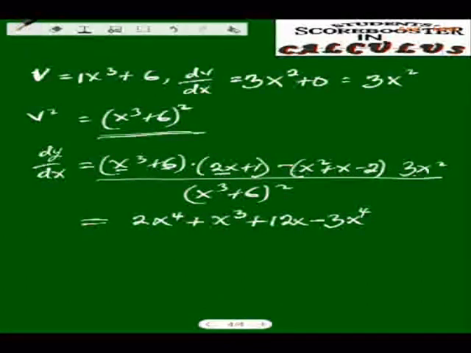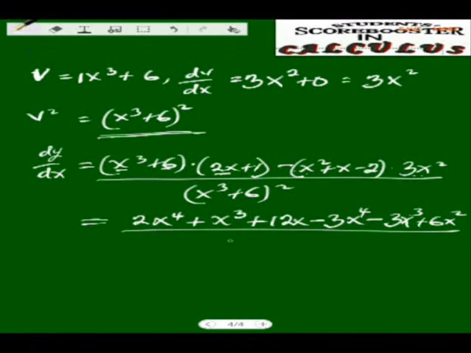Just take note of that. So 3x squared times x gives minus 3x cubed, and 3x squared times minus 2, with this minus again, we make it 6x squared, everything over x cubed plus 6 squared.